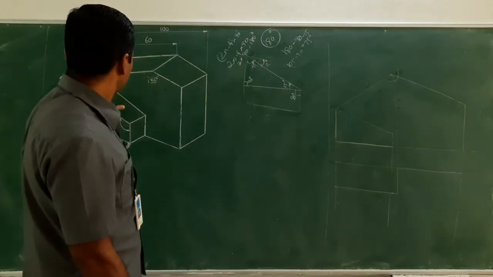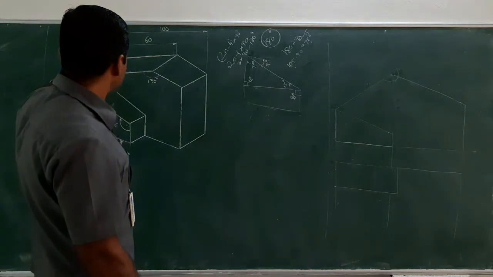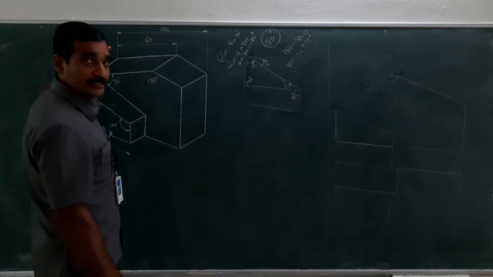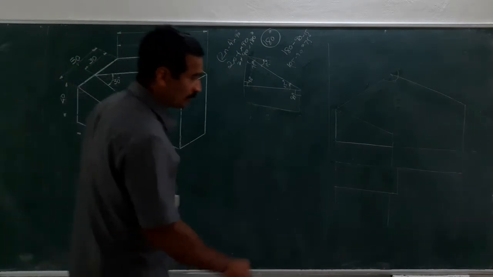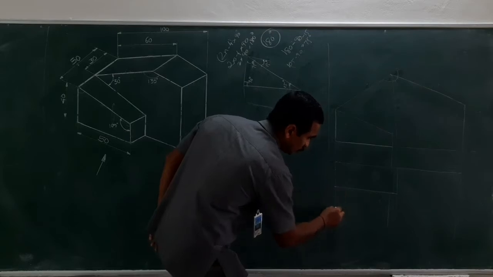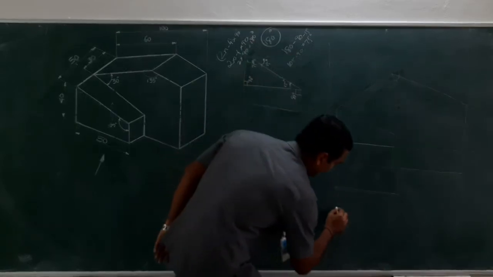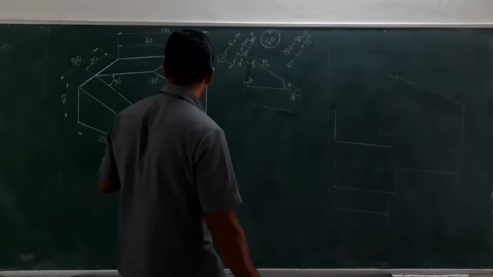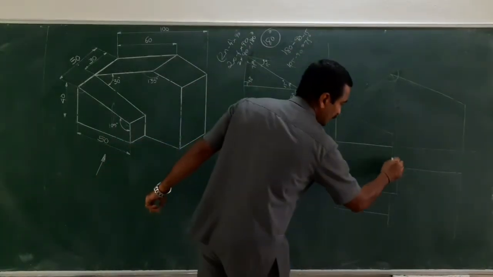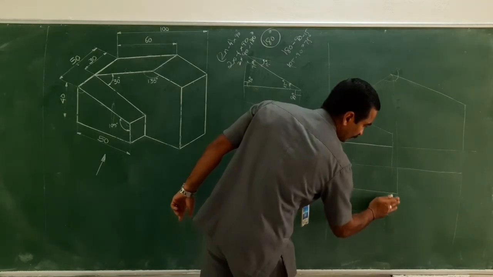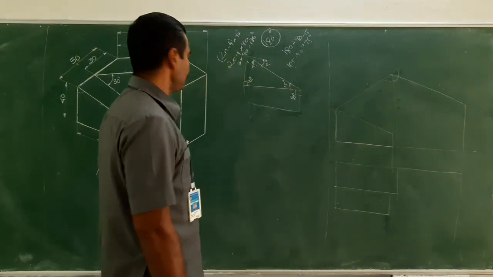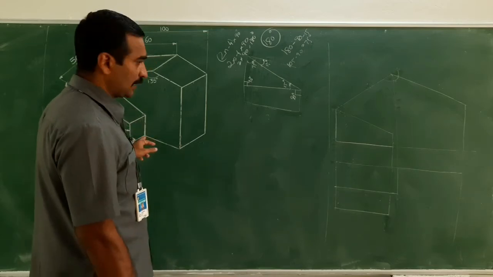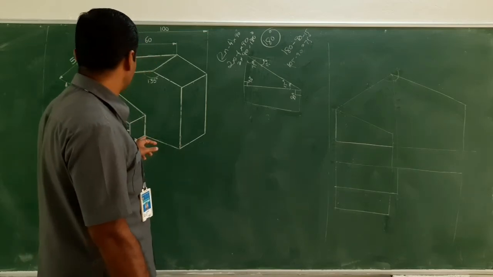Now what is next? This portion. What is left out here? Totality 50. This is 30. Then the balance is 20 mm. So take 20 mm here and draw a line till it intersects the line which is extended from 50. Got it? Now this line is being extended from here, right?